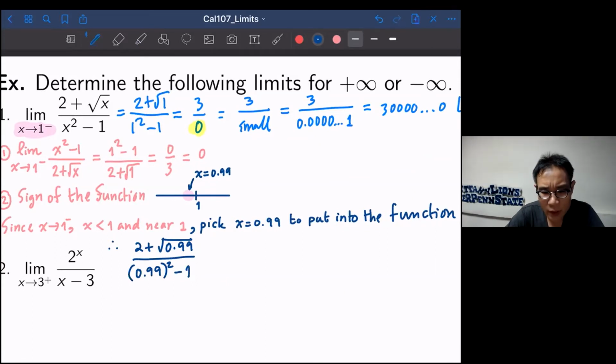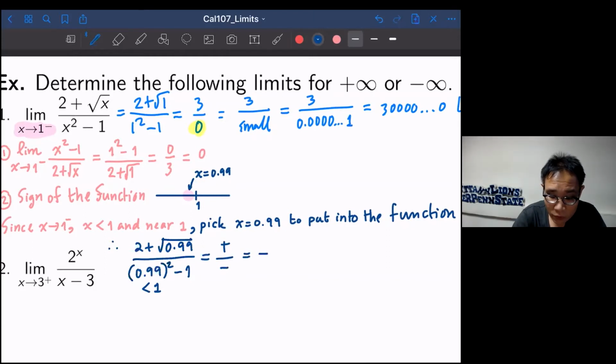However, we're not going to need the exact number, we just need the sign of this number. So you see 2 plus square root of something like this is going to turn out to be positive on top, and you have 0.99 squared, so this will be less than 1, right? And minus 1, so it's going to be negative on the bottom. So the total sign turned out to be negative.